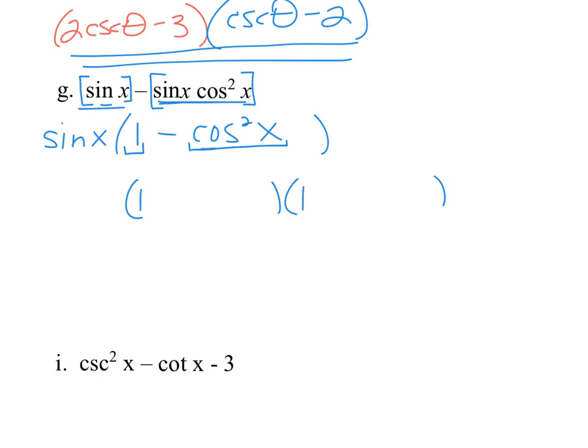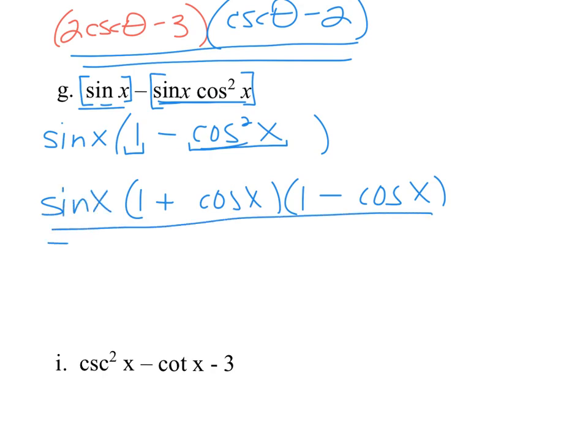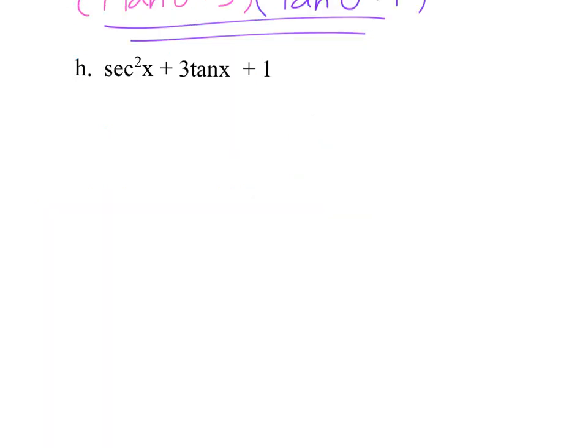We can split apart that cosine squared x into cosine x and cosine x. And then remember the rule in between, 1 is positive and 1 is negative. And then don't forget that common factor of sine x out in front. So in this factored answer, we have 3 separate expressions with those 3 trig terms. And that's the final factored form.